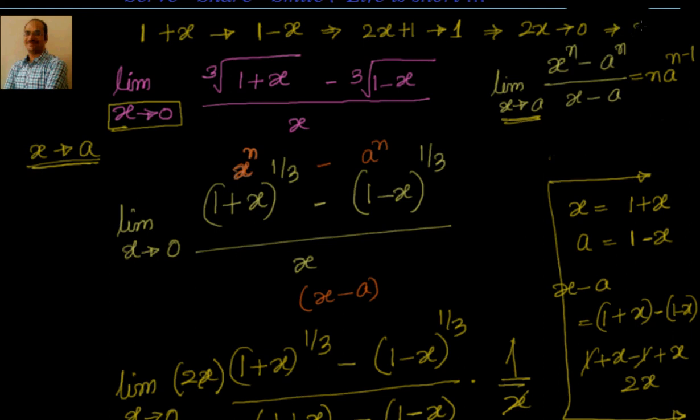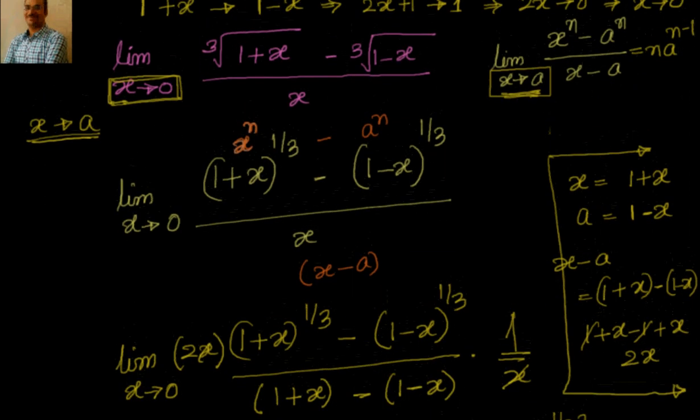If 2x tends to 0, x tends to 0. That is why we have written x tends to 0, but this is actually equal to 1 plus x tends to 1 minus x, because that is what we should have in the formula x tends to a. I hope you are okay with that.